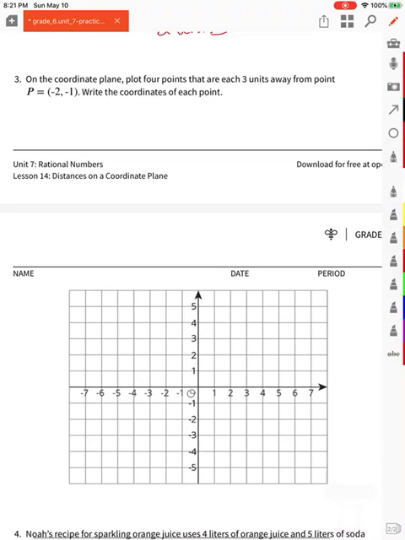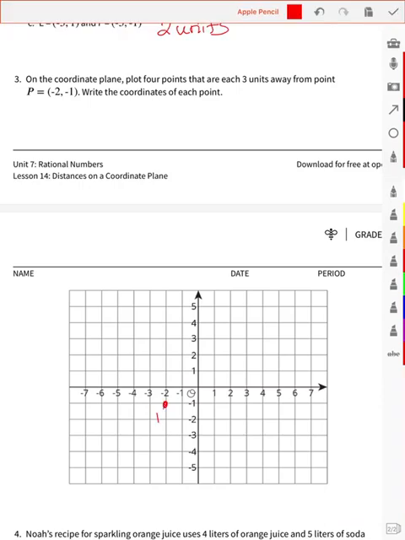So if (-2, -1) is P, and we want to do 3 units away, we could do here, here, here, and here. They're all 3 units away from P.